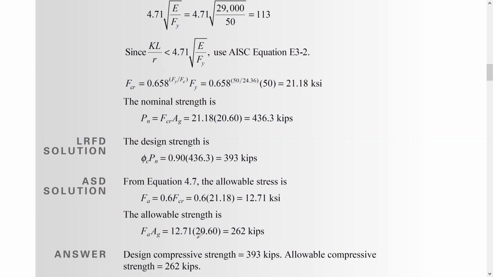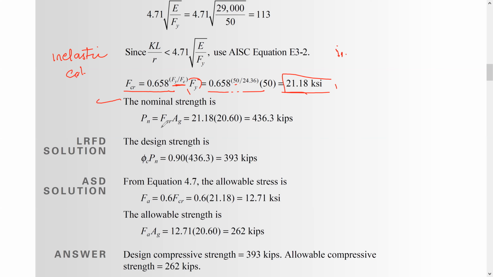Okay, so here for the inelastic behavior of the column, Fcr is going to be 0.658 to the power of Fy dividing by the Euler buckling stress, times the yield stress. So we have all this information, and the critical buckling stress is 21.18 ksi.